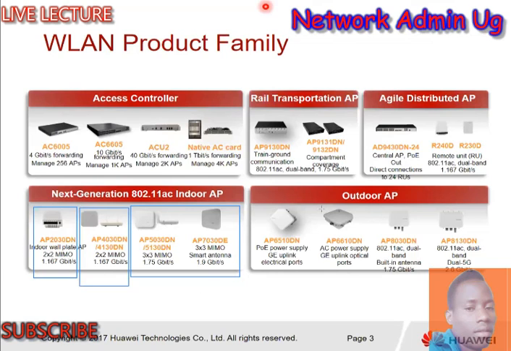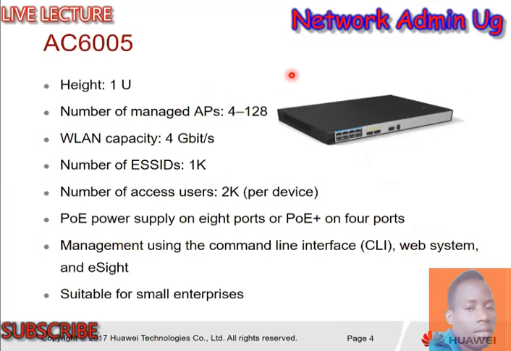We shall see most of these as they are mounted. I'm going to show you a video of how they are mounted and how everything works. But we need to go through each of these to show you the various capabilities of each of these devices. For example, we started with the AC6005, which has a good capability in managing a couple of devices.